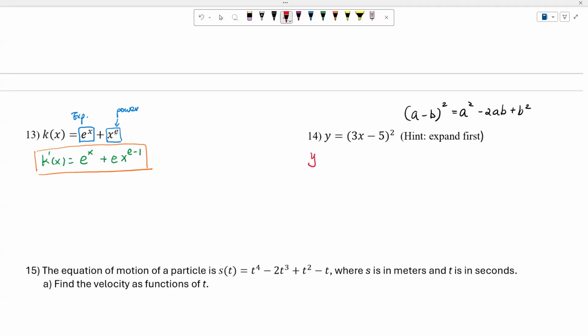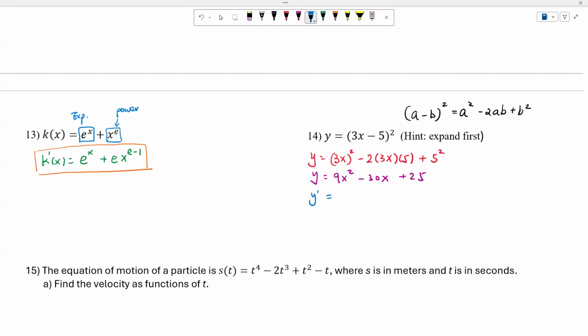So then I will have y equal to 3x squared minus 2 times 3x times 5 plus 5 squared then. Then now I will have 9x squared minus 30x plus 25.